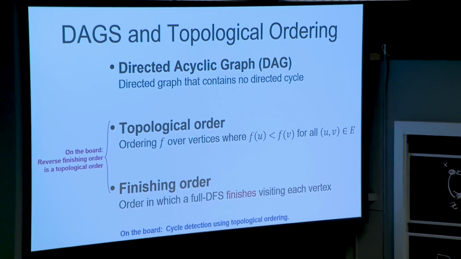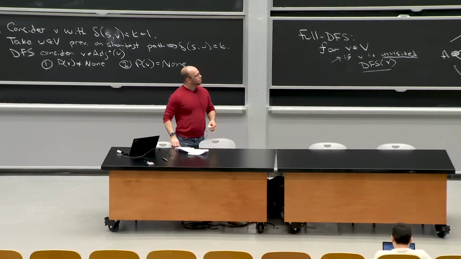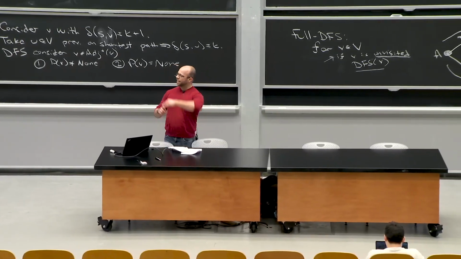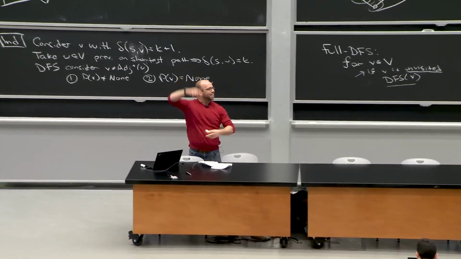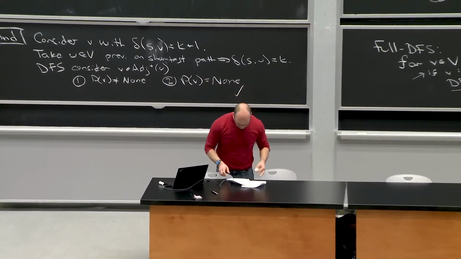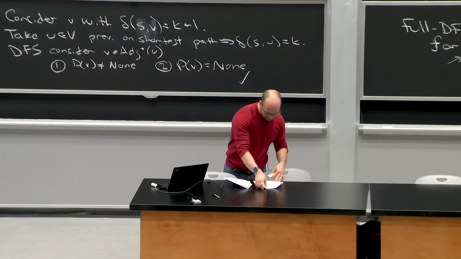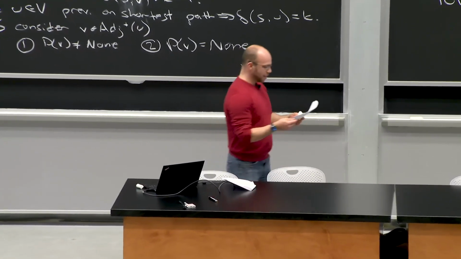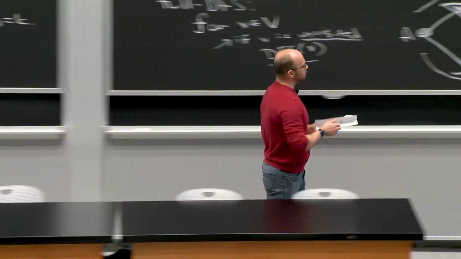Yeah? And now here's the claim: if we have a reverse finishing order, meaning that we take the finishing order and then flip it backward, that's exactly going to give us a topological ordering of the vertices in our graph. Right, so let's do that really quickly.